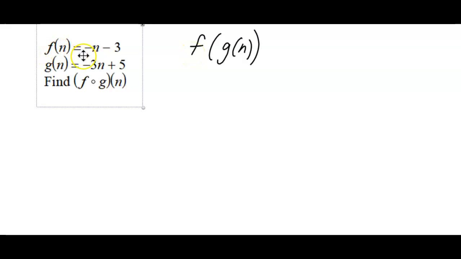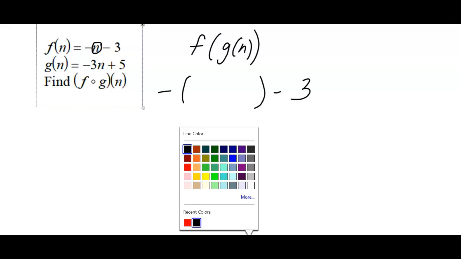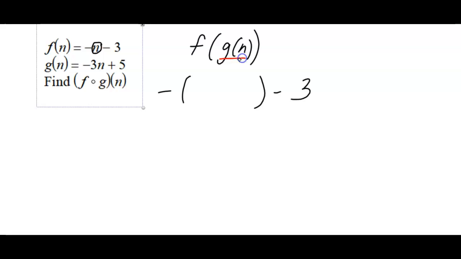Your f function is negative n minus 3. But in place of this n right here, we're going to substitute the g function.